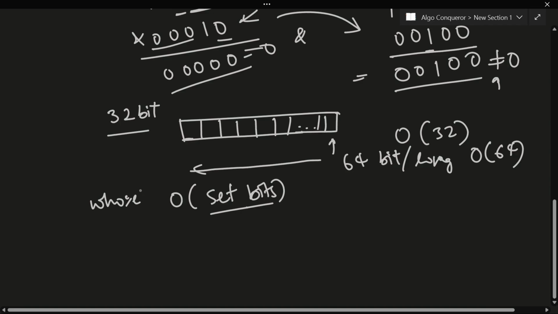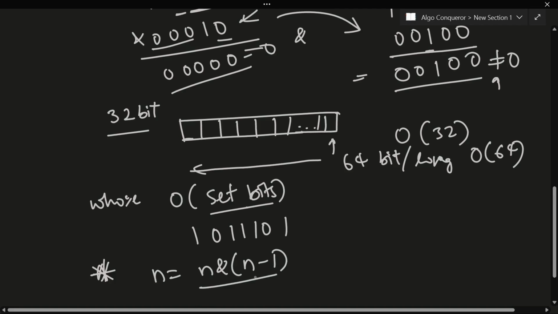Let's take a binary representation 1 0 1 1 0 0 1. So there is a property which is called n is equal to n and n minus 1.